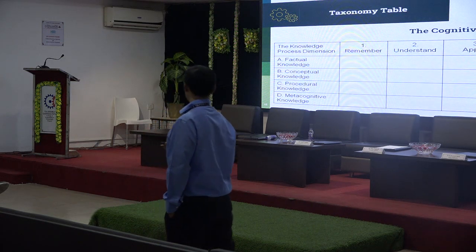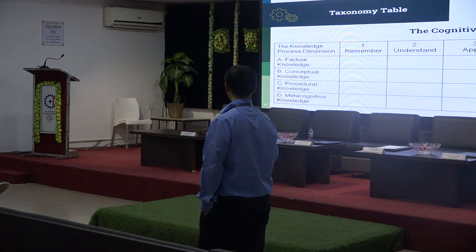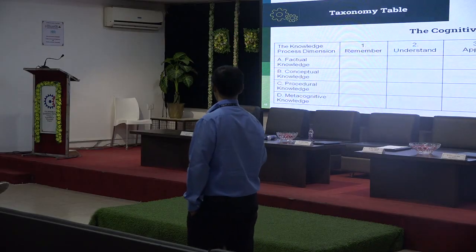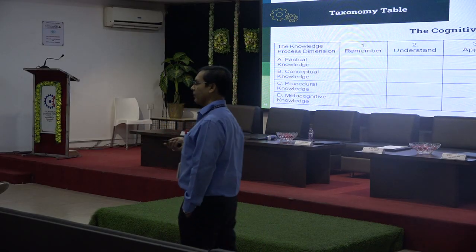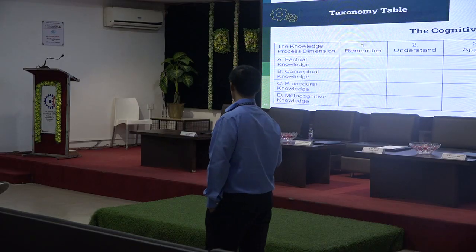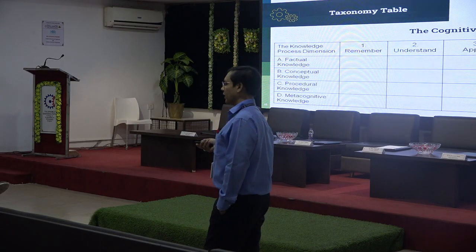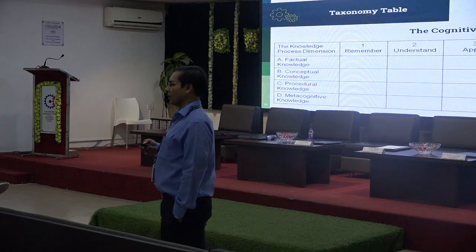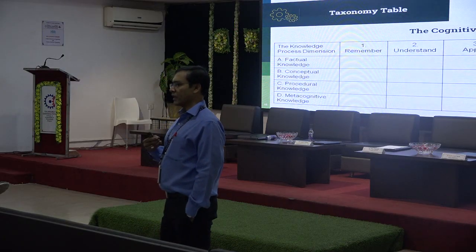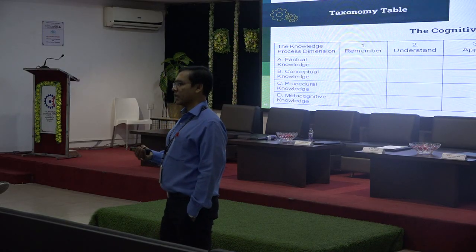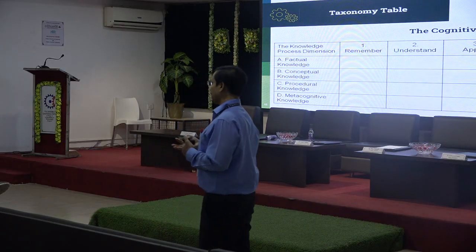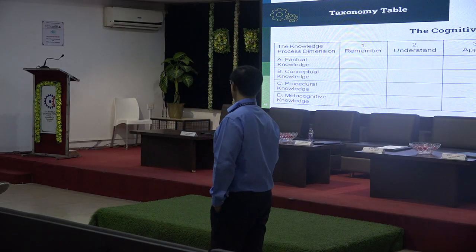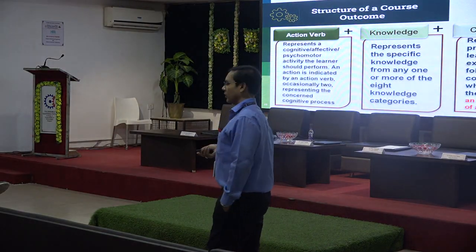So in these 6 levels, when we categorize our knowledge process dimension, then this categorization is more effective, and then this categorization can be given a thought: how this course should be, how to design a course, and after designing the course, what topics are to be covered in that course in the content delivery part. That all can be taught in this particular portion.